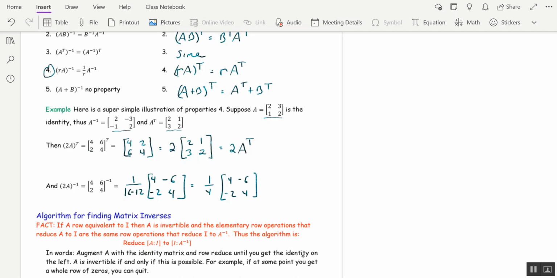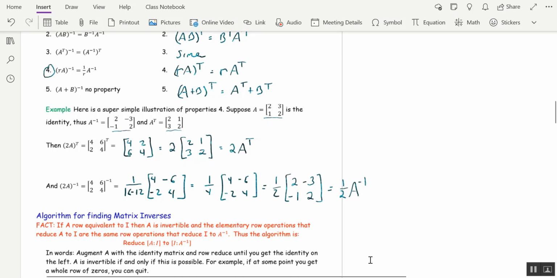Now what I'm going to do is think of a fourth times a half, and I'm going to distribute 1/2 into this matrix here. So I'm going to leave a half out and divide each entry of this matrix by 2, giving me [2, negative 3; negative 1, 2]. Well, that's exactly 1/2 A inverse.